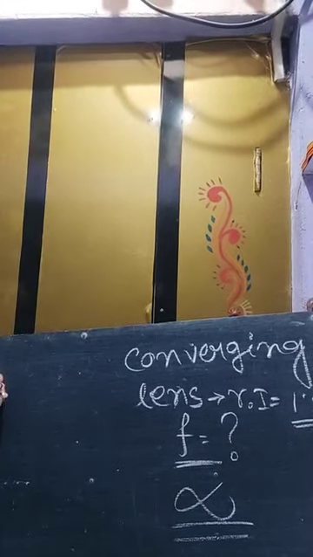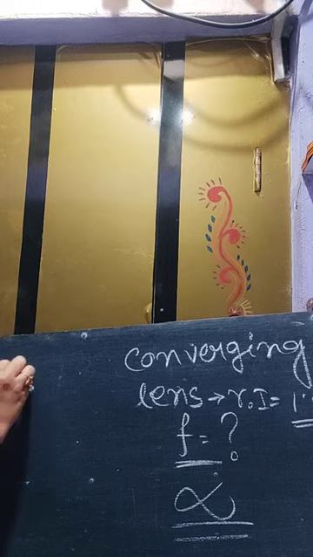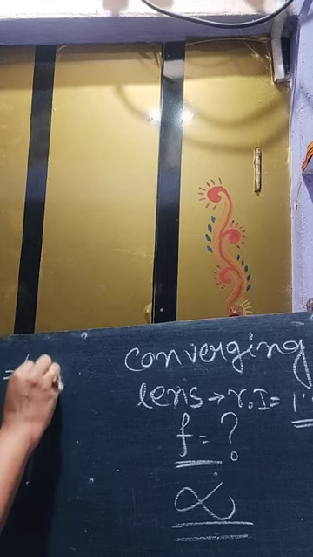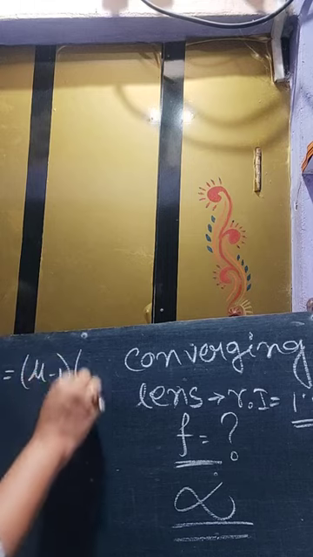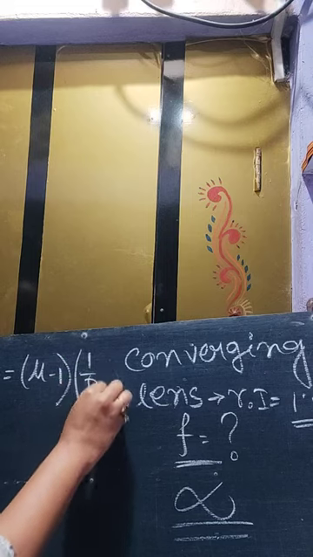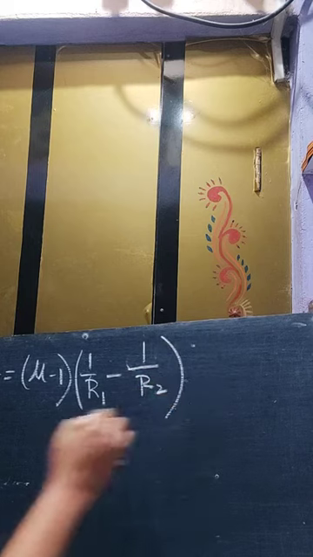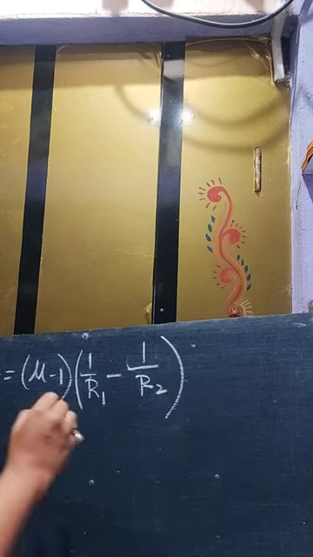According to the lens maker formula, 1 by f equals (mu minus 1) into (1 by r1 minus 1 by r2). This is the lens maker formula, right?